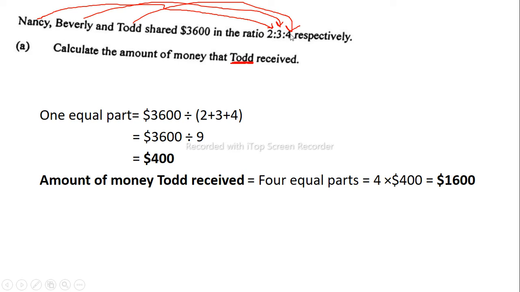So the first thing we had to figure out was, what is 1 equal part? 1 equal part is equal to 3,600 divided by 9, which gives us 400. Then, to figure out the amount of money that Todd received, remember that he got 4 equal parts, so it's 4 times 400, which is 1,600. Okay, so that's how we figure out the amount of money that Todd received.